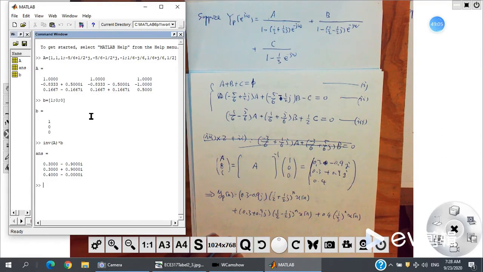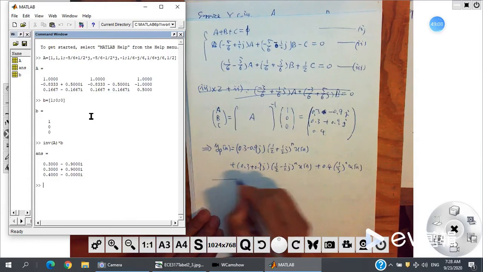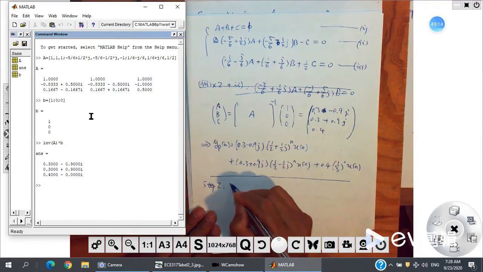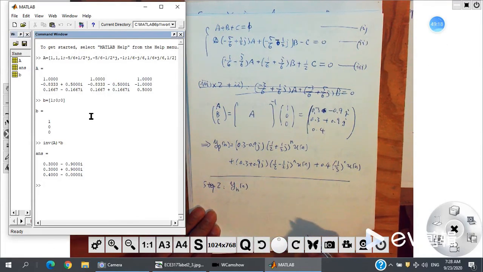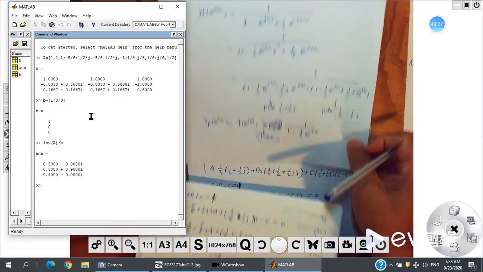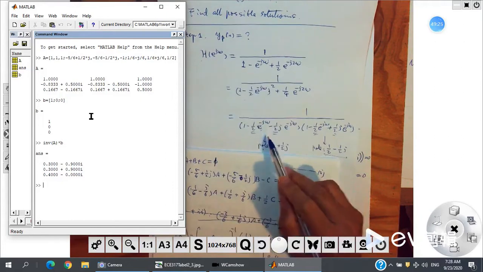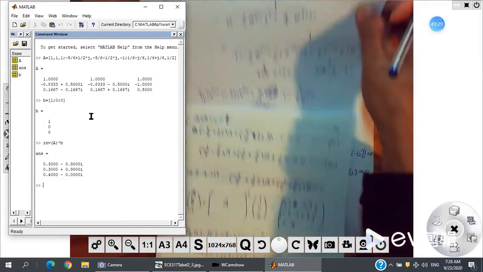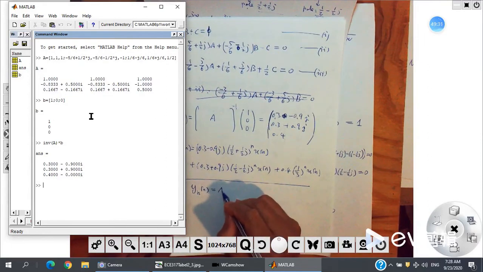All right, and then the homogeneous solution. Step 2. Homogeneous solution. Actually, we can write it directly because we already know YH is here, and it has 2 poles, so we can just use these 2 poles. So these should be A plus BJ.